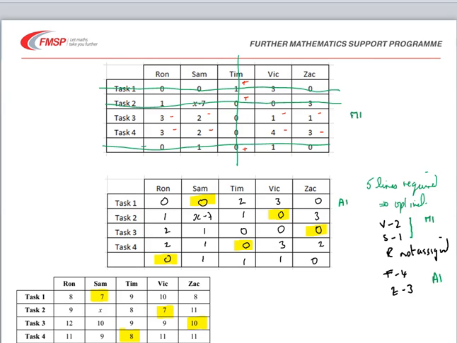So looking at that gives us a total time of 32. So the time is 7 plus 8 plus 7 plus 10, and that's equal to 32, and that was minutes.